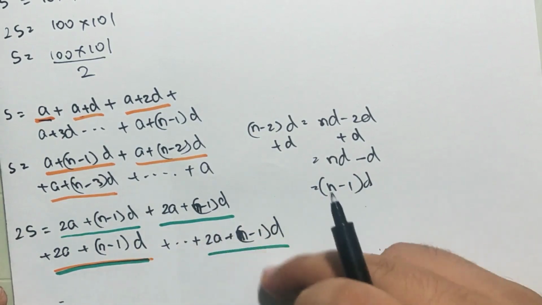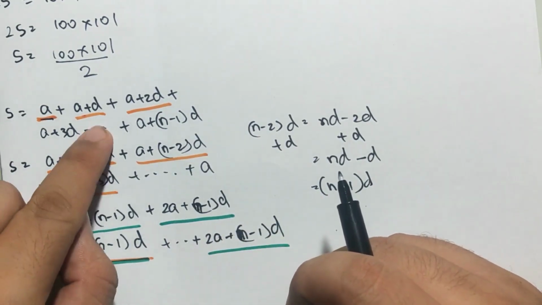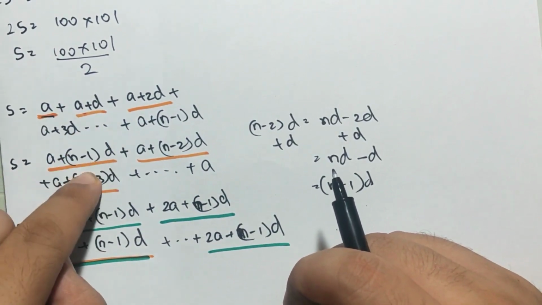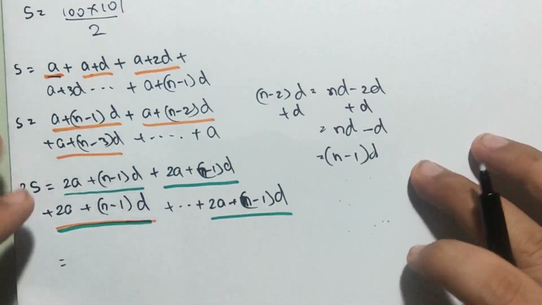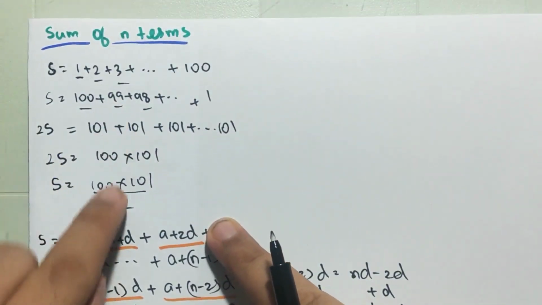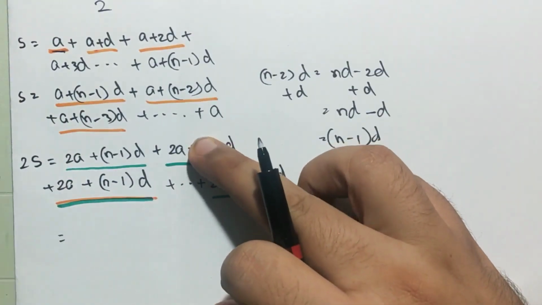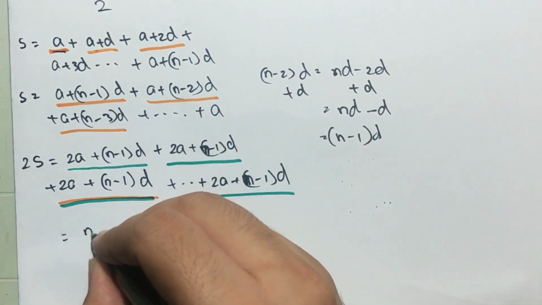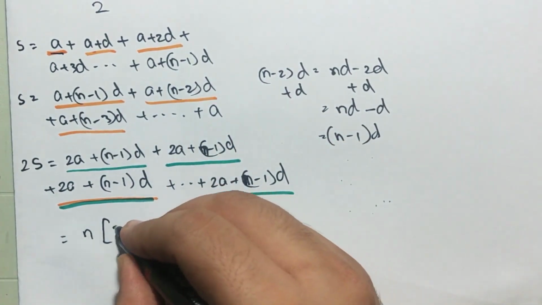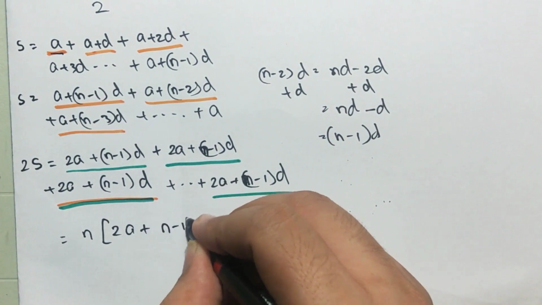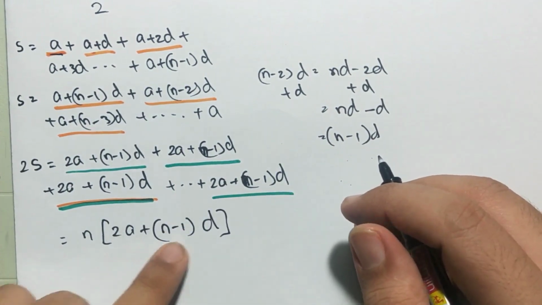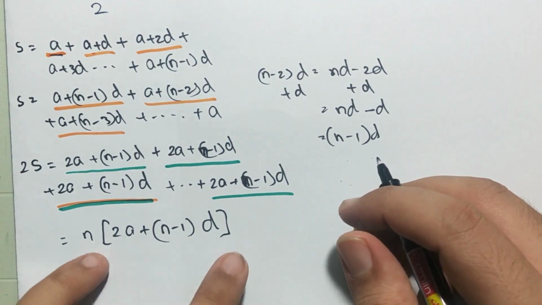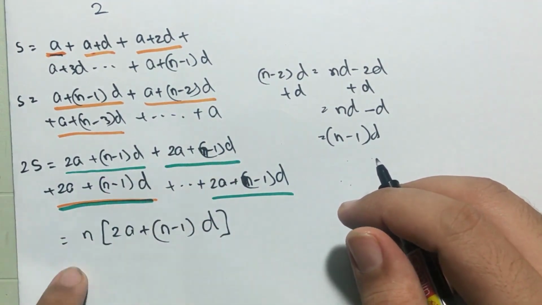How many times will this 2a plus n minus 1d come? The number of times equals the number of terms these two are having. Both were having n terms, similarly to these both having 100 terms. So n multiplied by 2a plus n minus 1d, because 2a plus n minus 1d is repeating n times.